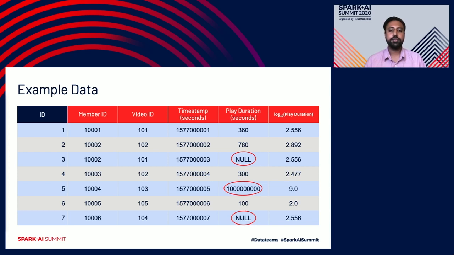The problem that this causes is worse when a machine learning model has been trained on data that does not have any of these outlier values or null values, and that could result in bad predictions online.